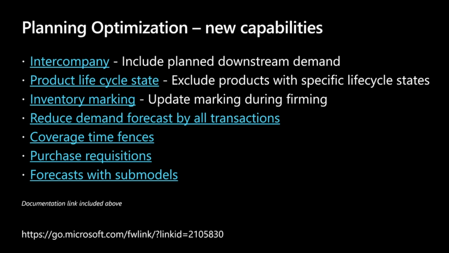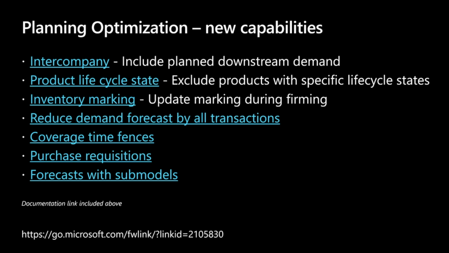One thing to note is that we don't currently have the ability to trigger multiple plans from the UI with one click, but you can set it up as a batch job that triggers the jobs individually in the individual companies. So it is achievable, but with the UI, there is still something that we don't have. But intercompany with downstream demand is fully supported, also with forecast and so on.